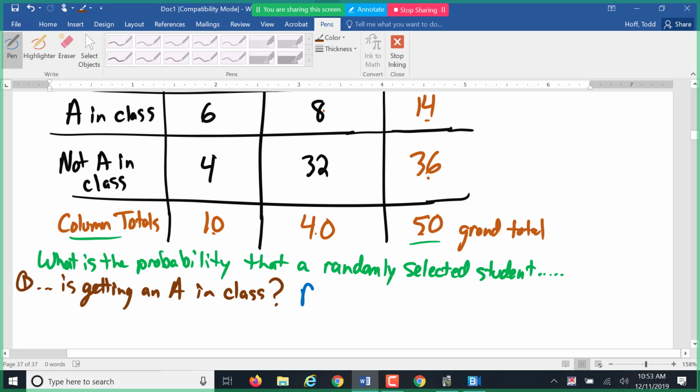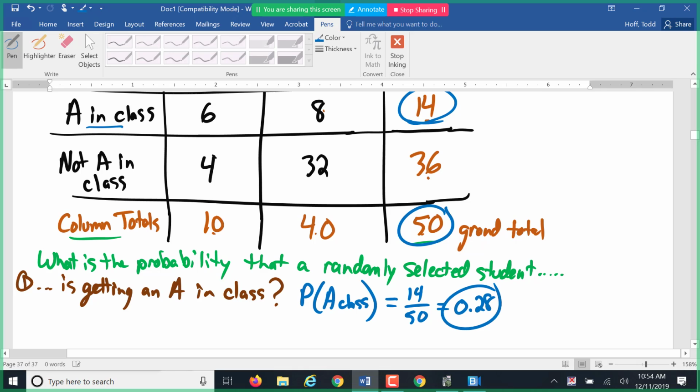Well, up here we see there's 14 students that are getting an A in the class out of our 50 grand total. That's 14 out of 50, or I can divide that to be a 0.28 probability.